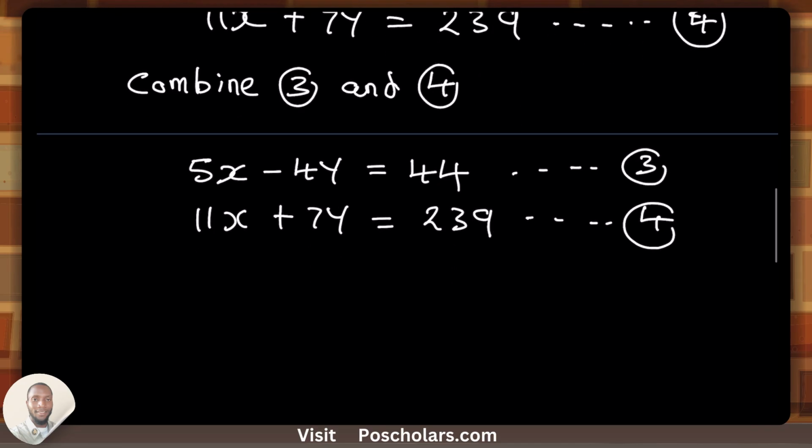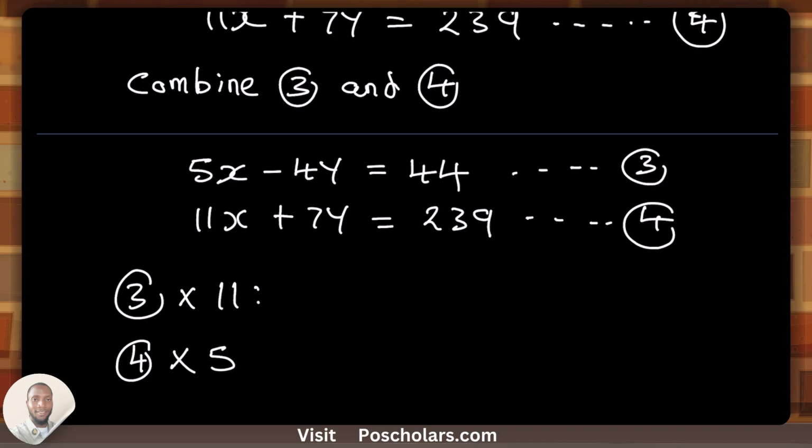So to make sure they are the same, what you do is you multiply equation 3 by 11, right? This 11 here. Then you also multiply equation 4 by 5. You can see it. So let's do that. The first case, we want to multiply equation 3 by 11.